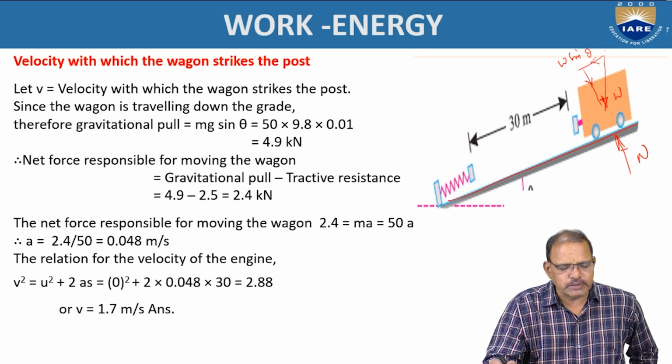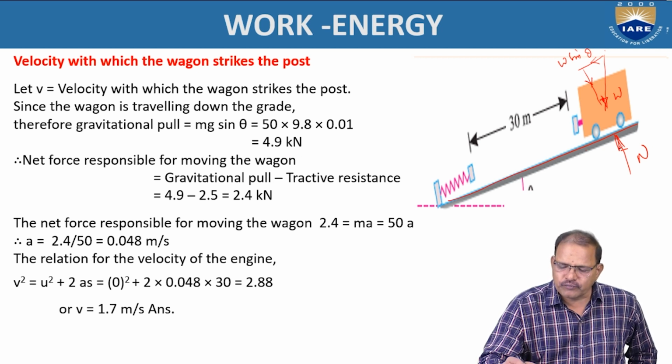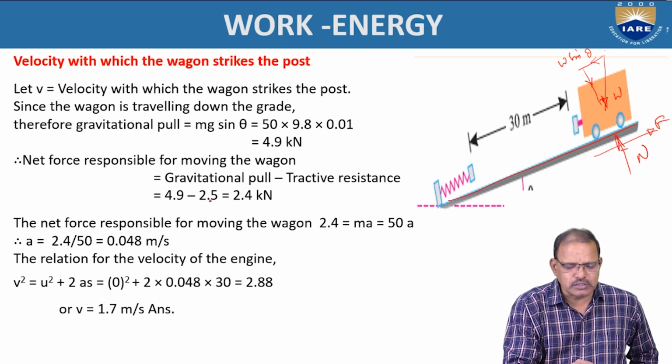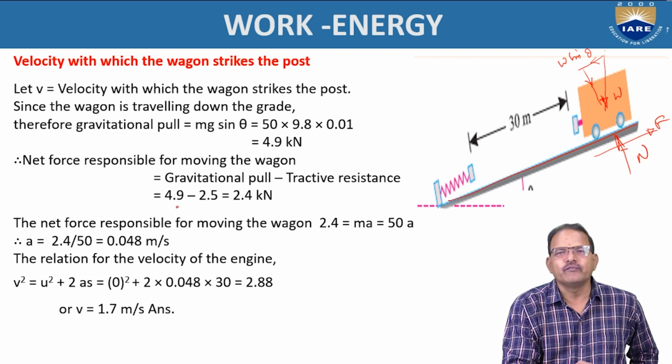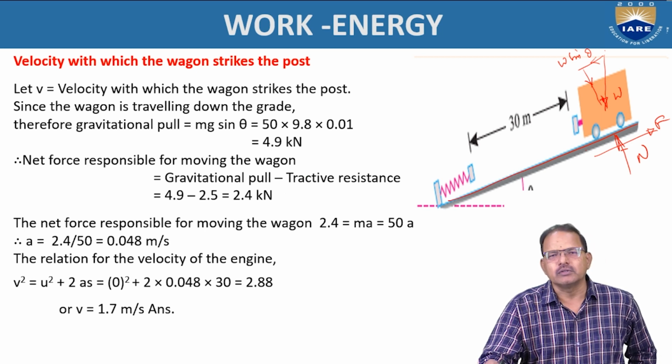The net force responsible for moving the wagon is the gravitational pull in the downward direction, while the friction force is acting upward, which is equal to 2.5 kilonewtons. That is 4.9 minus 2.5, so the resultant force is equal to 2.4 kilonewtons.